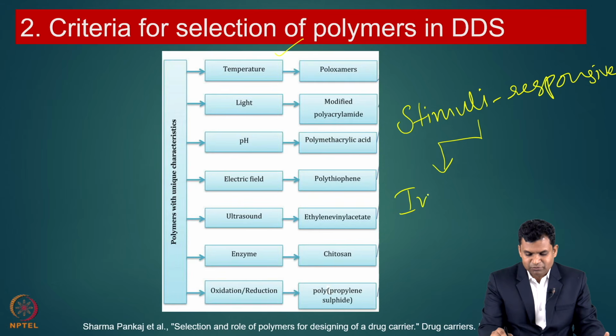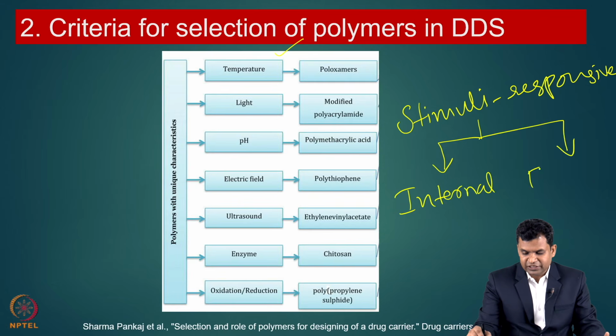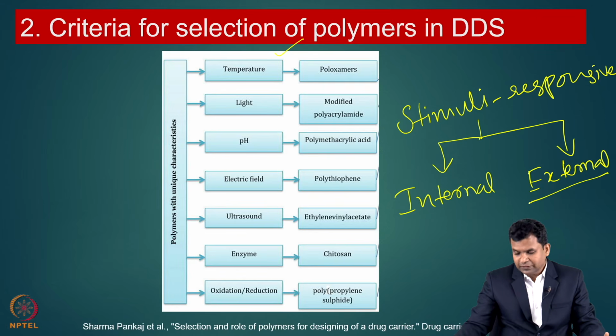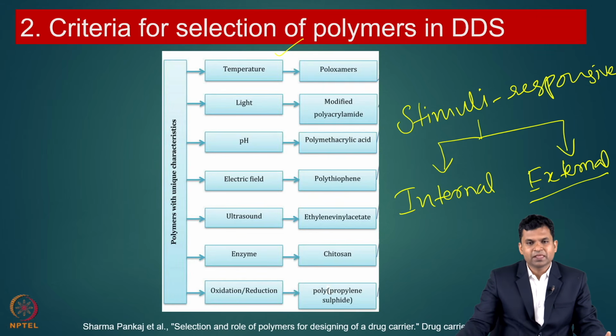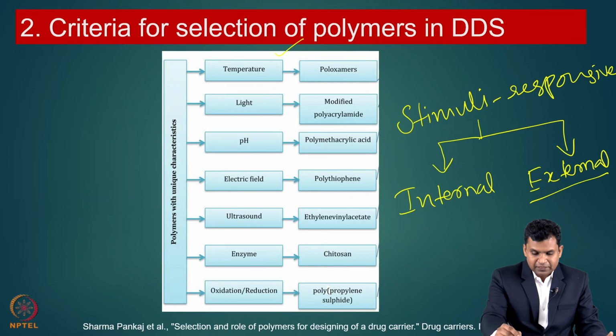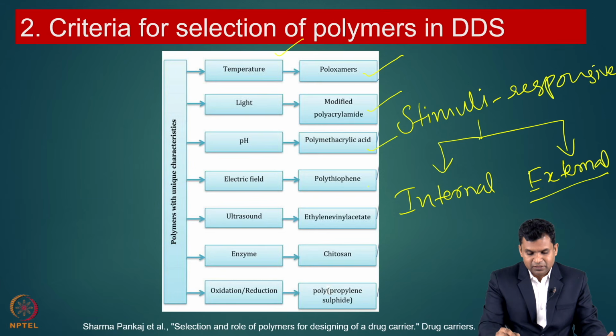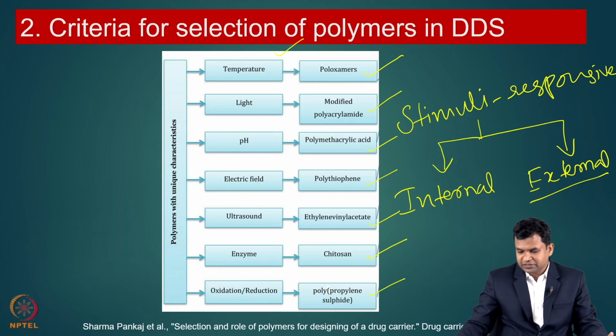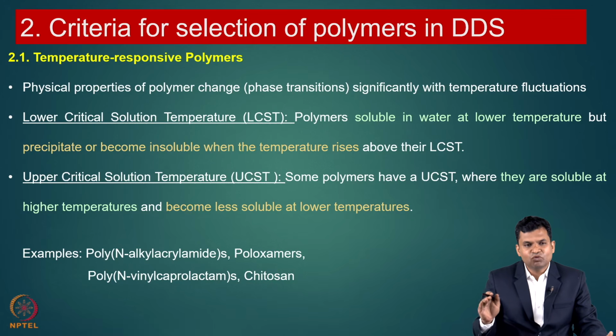One is internal stimuli, which happen in the body, and for the external we need to apply some external energy, so that it will convert into the responsive system. Examples are poloxamer, polyacrylamide, polymethacrylic acid, polythiophene, ethyl vinyl acetate, chitosan and other polymers which undergo various stimuli responsive mechanisms. Here we will see them one by one.